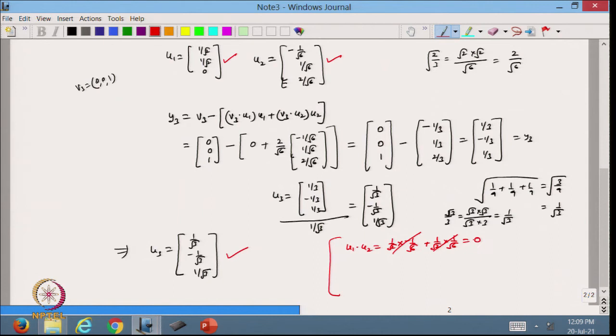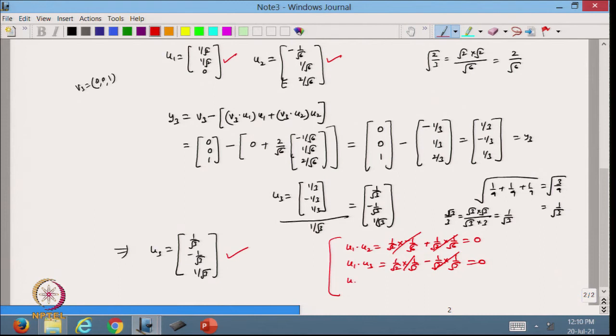So, that is 0. Now, u1 dot u3. So, u1 dot u3 becomes 1 by root 2 into 1 by root 3 minus 1 by root 2 into 1 by root 3, because it is a negative sign and the third is 0. So, this is also cancelling out, becoming 0.